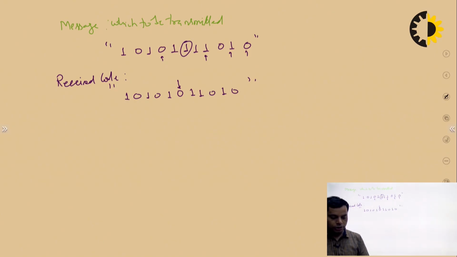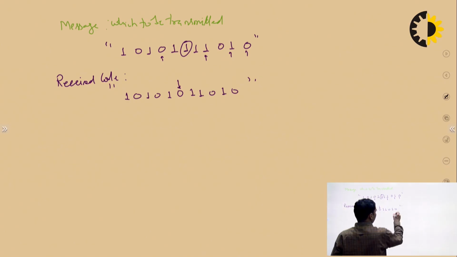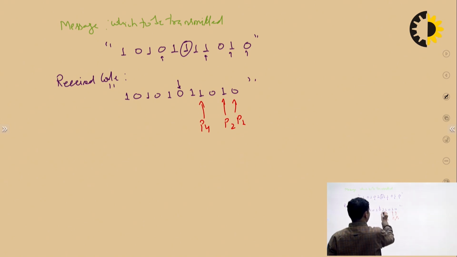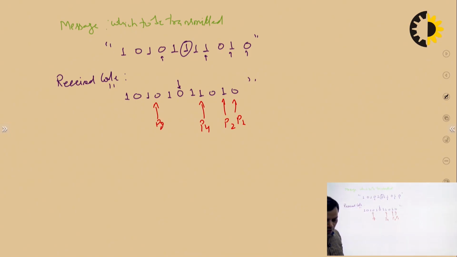First of all, the receiver will know this message has a total length of 11, where 4 bits are for parity, at positions P1, P2, P4, and the 8th position. These are the parity bits in the transmitted message.